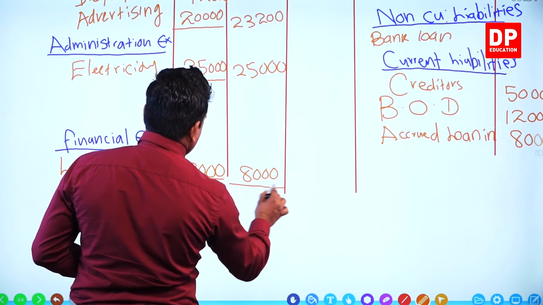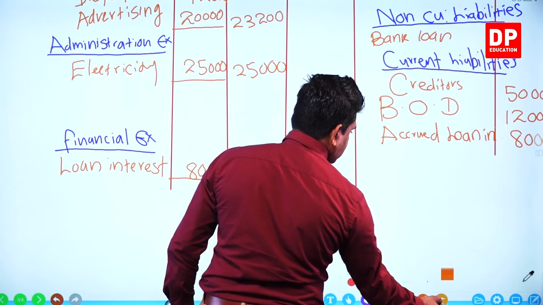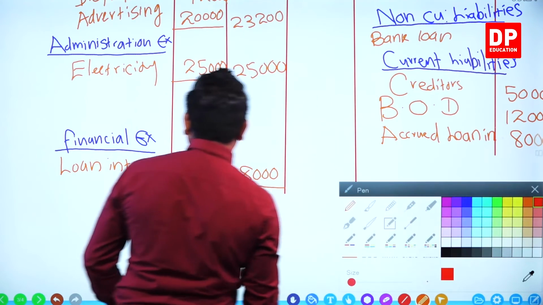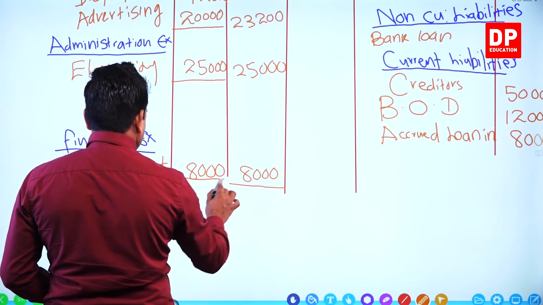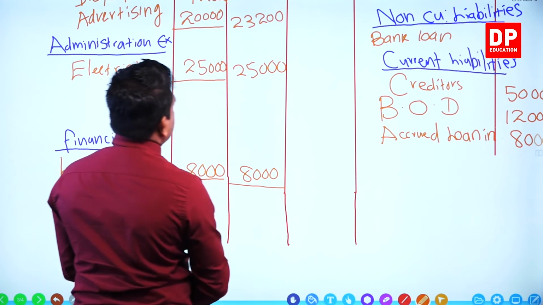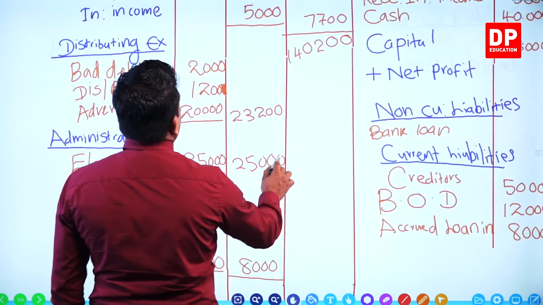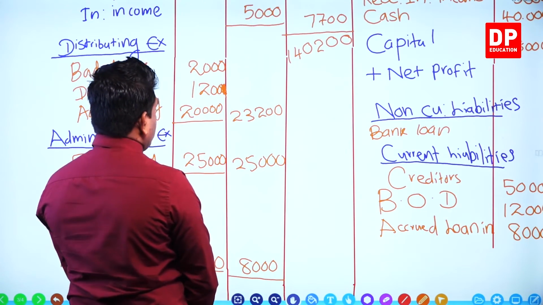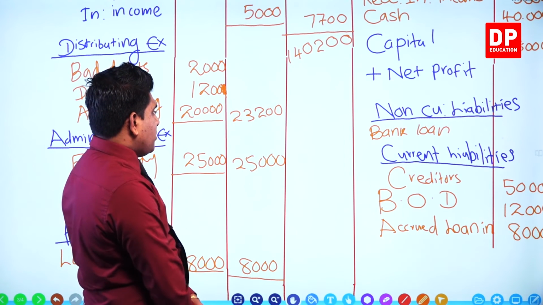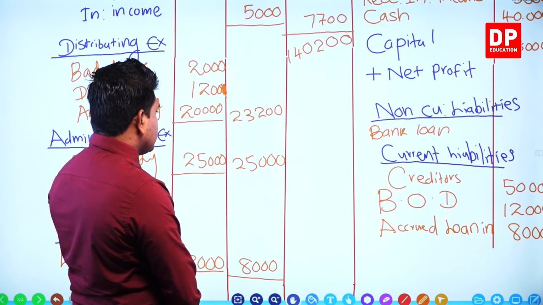Then finally you can get the total here. You can get the total of these all. 25,000 plus 23,200, how much? 48,200.